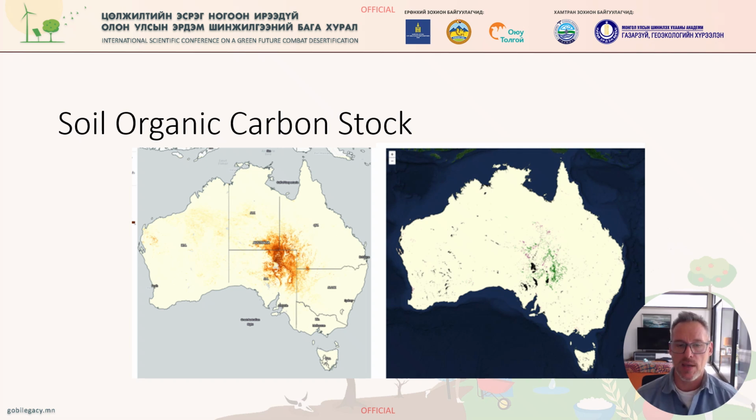What we think is happening there is that the method described to identify degradation of soil organic carbon uses a proportional change in carbon stock, 10%. Where land cover is very low, typically soil organic carbon stock levels are also very low.